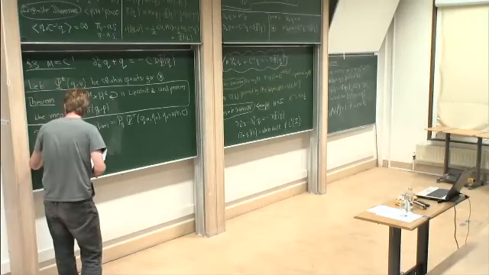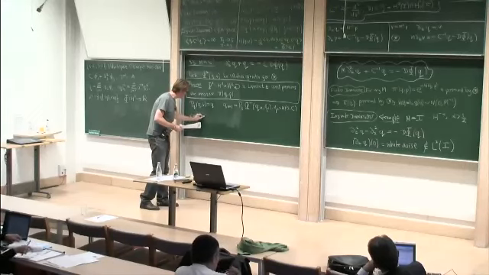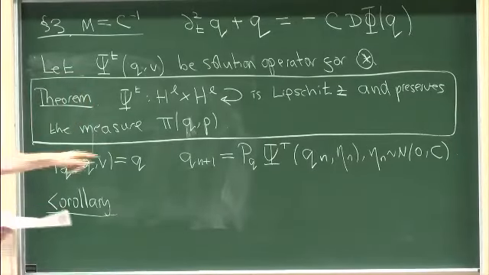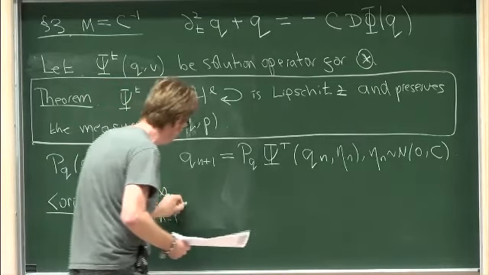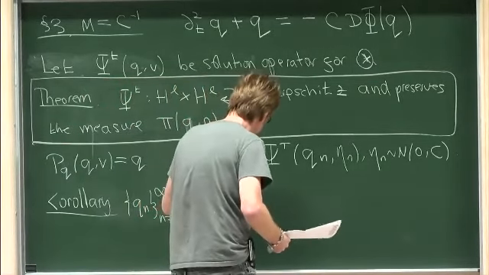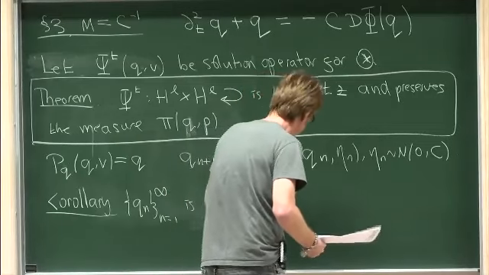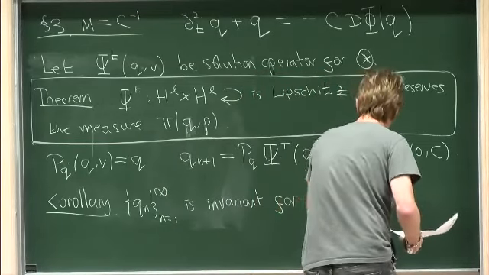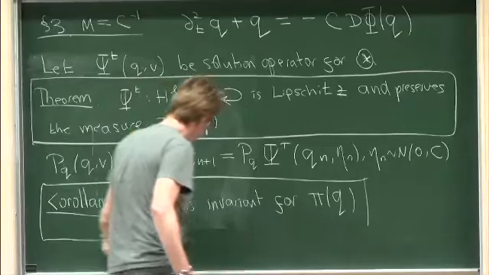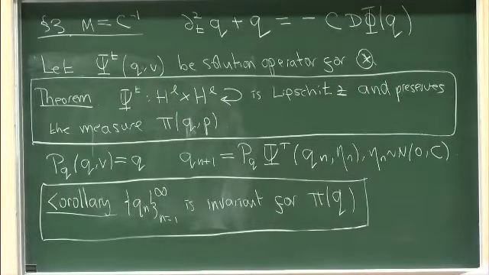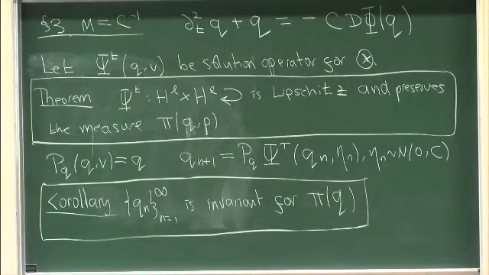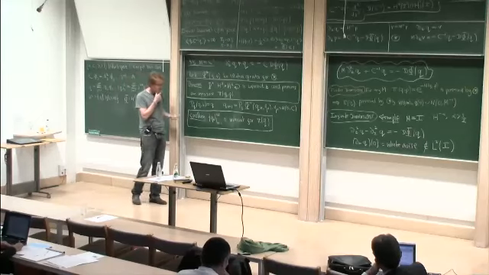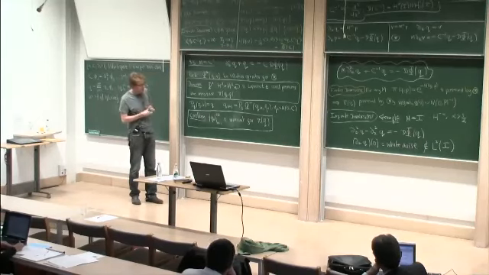Okay, and then the corollary, and this is what makes hybrid Monte Carlo fly, is that this Markov chain is invariant for pi of q. So in terms of Chus's talk, this is his maybe third or fourth slide, where he wrote down various methods that were the basis of hybrid Monte Carlo Markov chain methods: random walk, Metropolis, and then hybrid Monte Carlo.